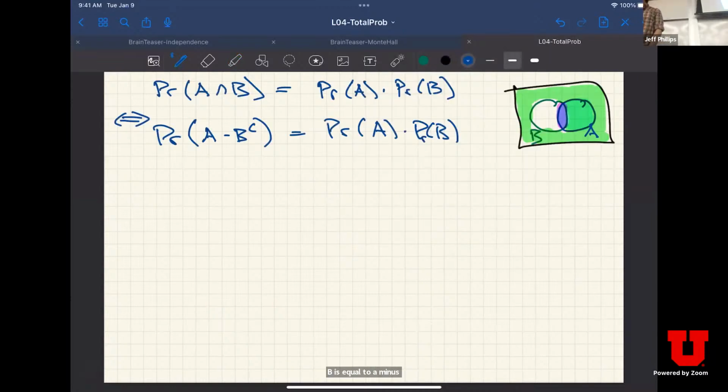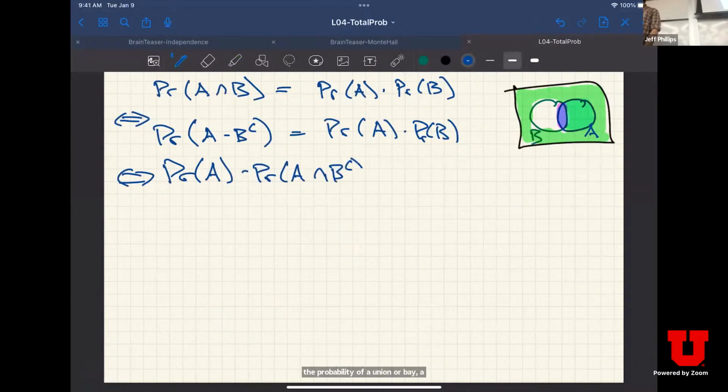Once I'm here, I can write this out as probability of A minus the probability of A intersection B complement. Again, this is the part in A minus the intersection with B complement.